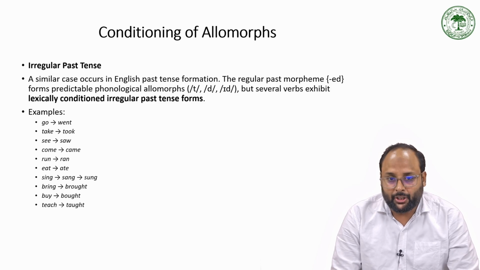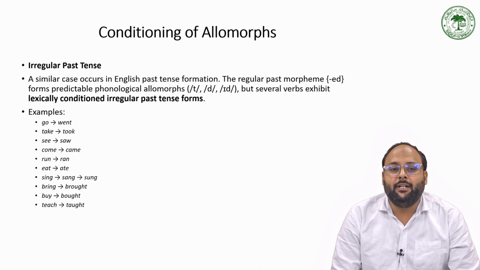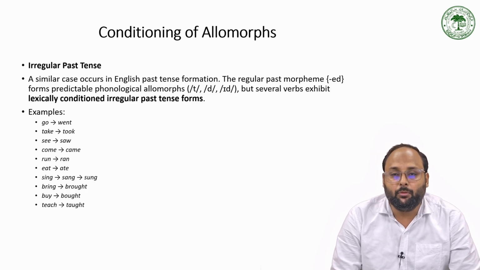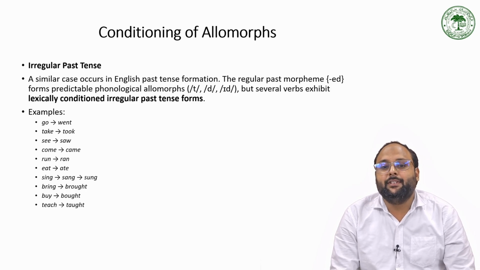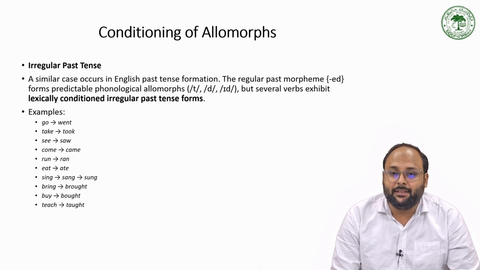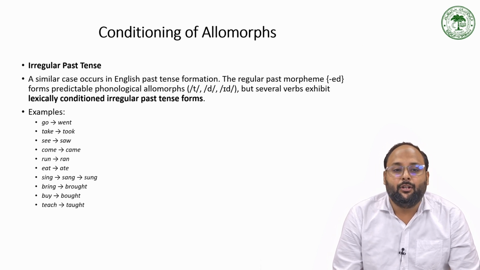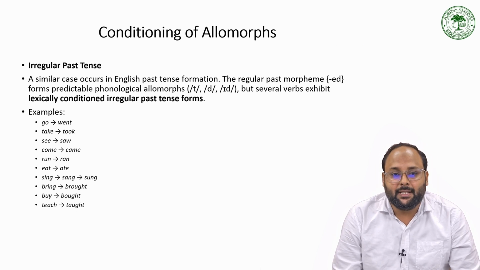They do not follow the regular pattern, because in the regular pattern we add the ed suffix. In the ed suffix we have some phonological conditions for it to occur differently, but here we do not have any phonological conditioning. These are the irregular verb forms, or past tense forms, in English.